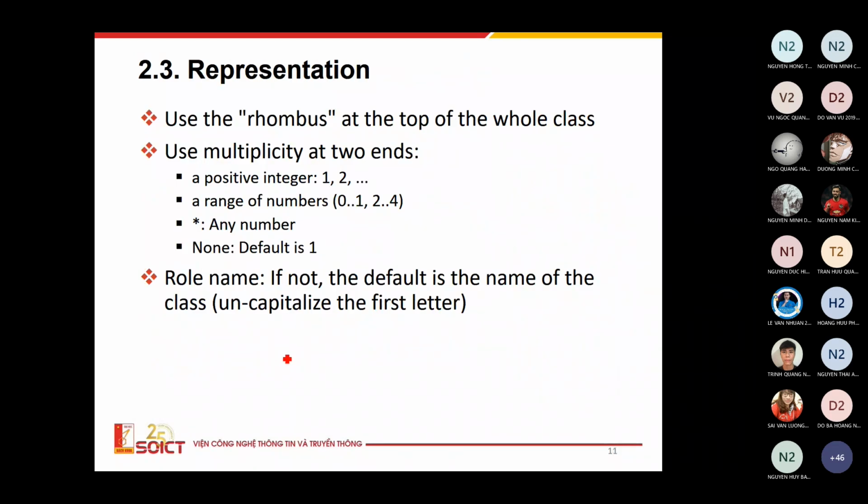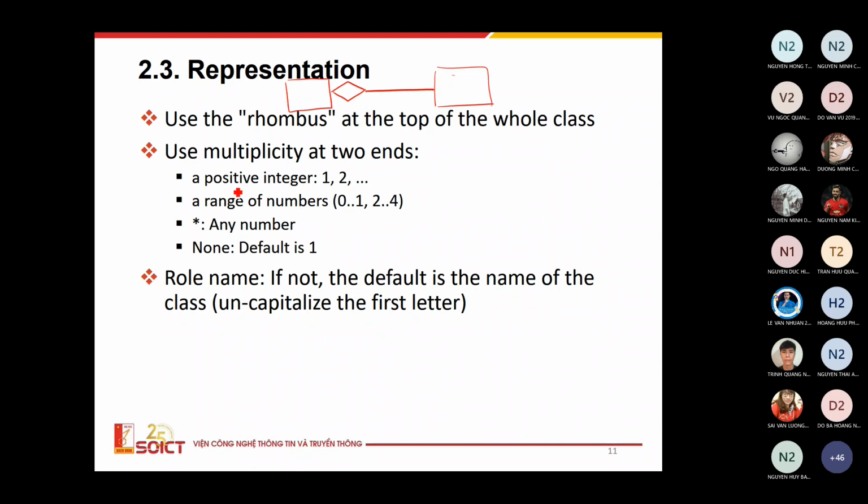And here you can represent the aggregation relation by using the rhombus symbol at the top of the whole class. And you can use the multiplicity at the two ends of this relation to mark how many objects will be used in this relation.